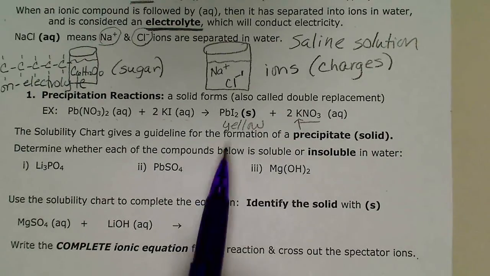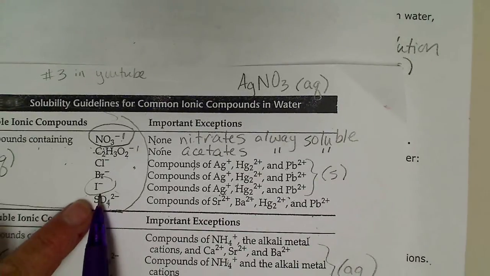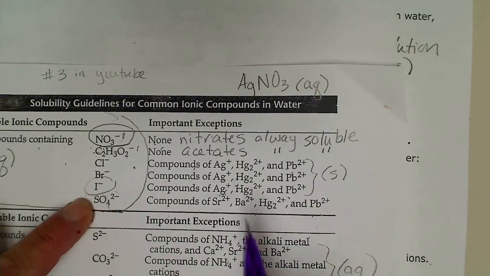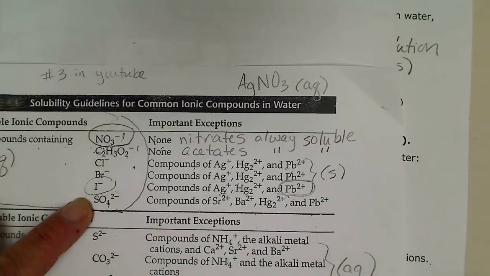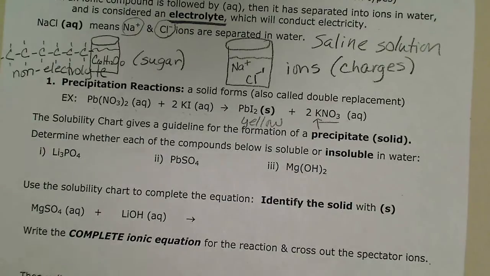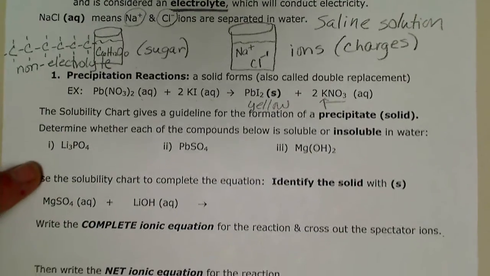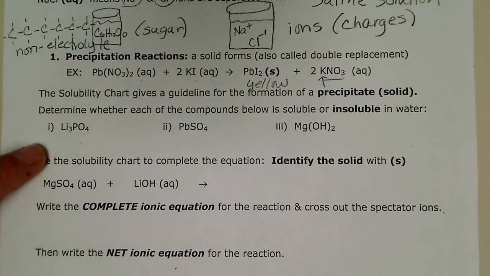And if we look at the solubility guidelines, again we'll see iodide is soluble unless the metal happens to be lead in the oxidation state of lead plus 2, which is the case for our lead(II) iodide. So we want to get a little bit of practice using the solubility chart to determine whether each one of these 3 compounds would dissolve in water or would not.